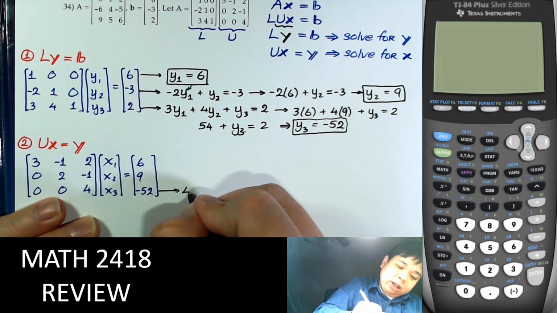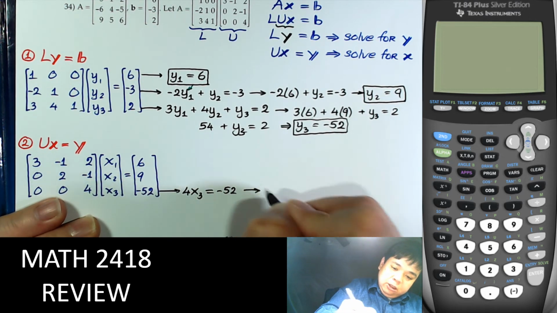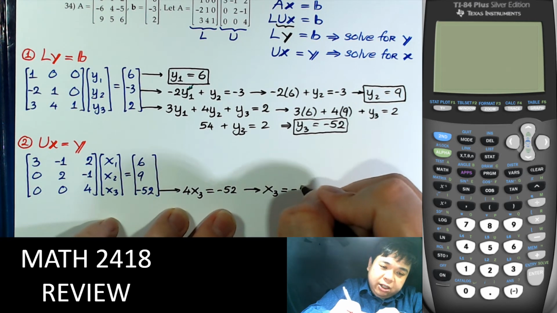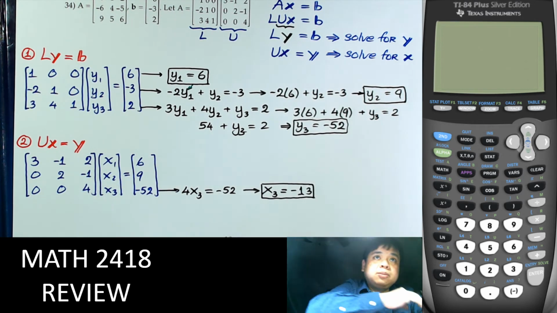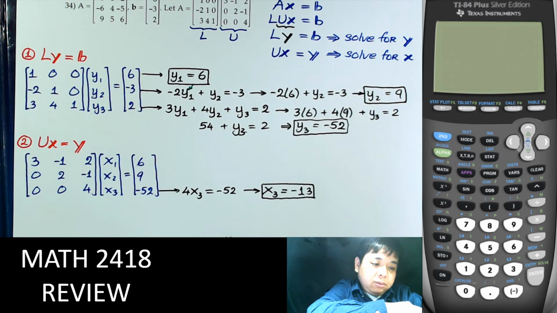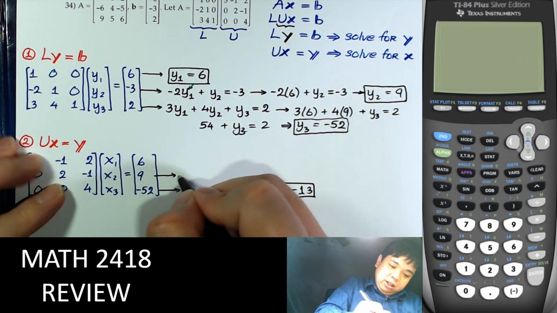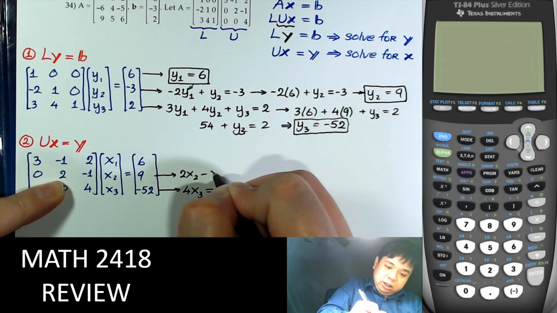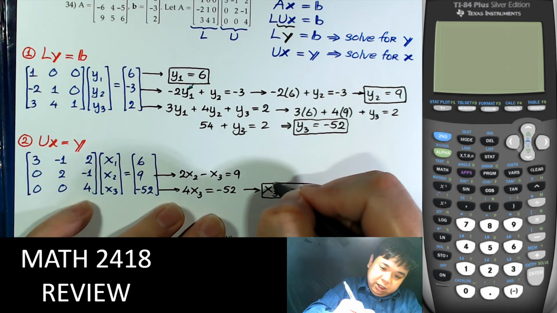So from here we have 4x3 equal to negative 52. So x3 is negative 13. So that's what we have for x3. Now, from this second equation, what we have is 2x2 minus x3 equal to 9. And we substitute in x3.